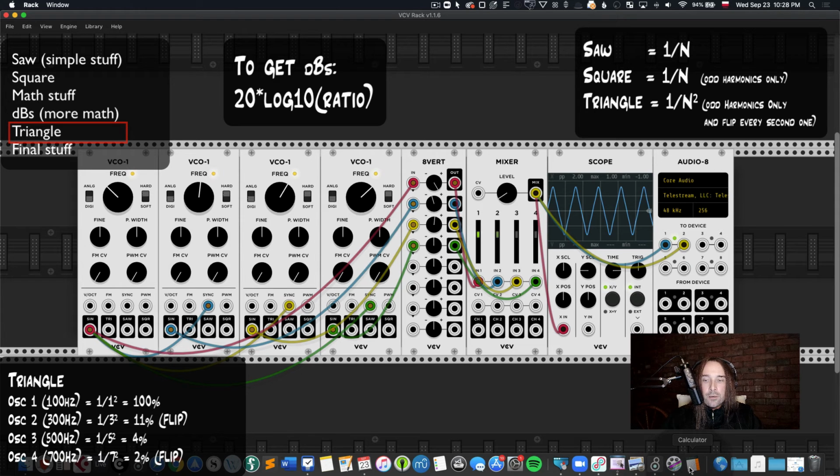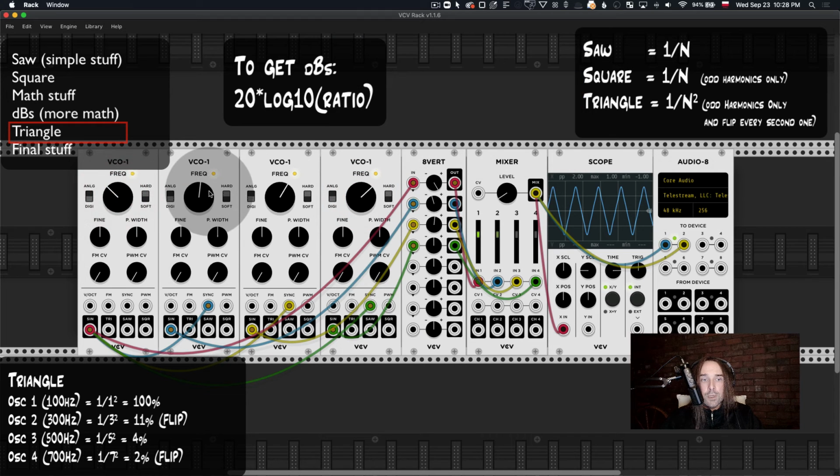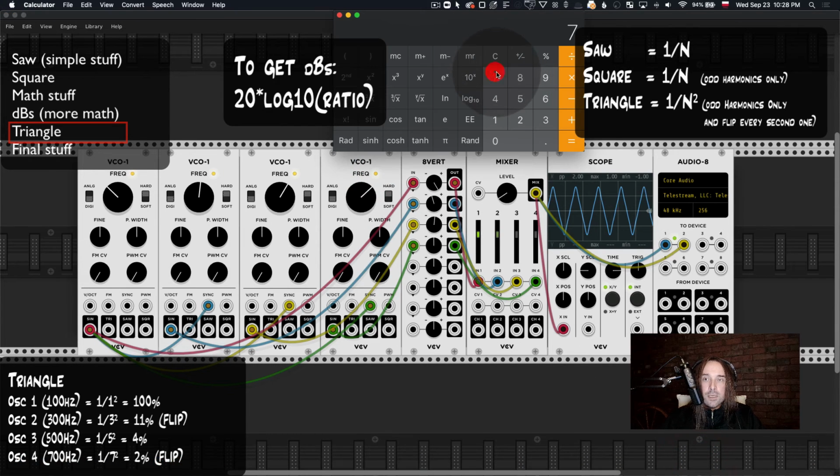And finally, if you want to see the last one, it's the 7th, right? We're talking about 100, 300, 500, 700. So 7 squared, right? 49.